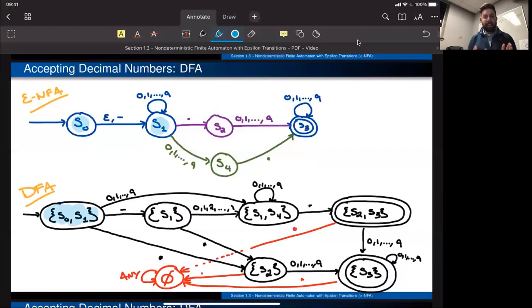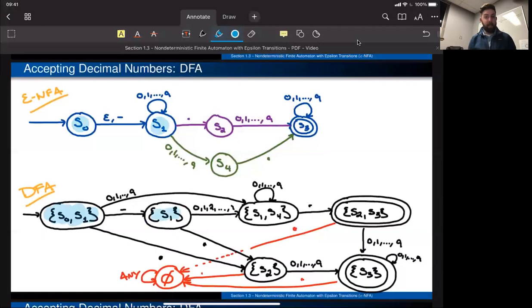So if I'm at S0 or S1, and if I read a negative, the only place I can go after that is S1. So I had the potential of 2 initial starting places. Well, if I started at S1 and I read a negative, I'm dead. So that one doesn't work at all. You had to start at S0, and then you read the negative, so then you move to S1.